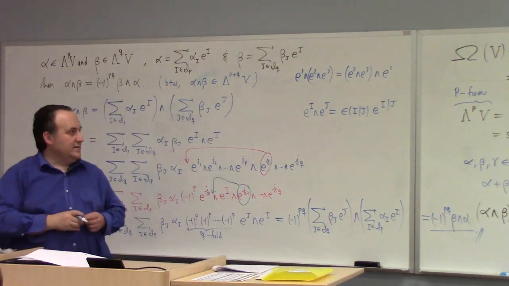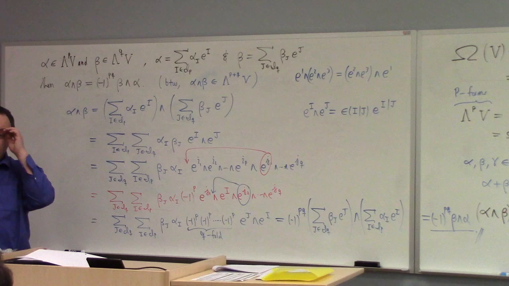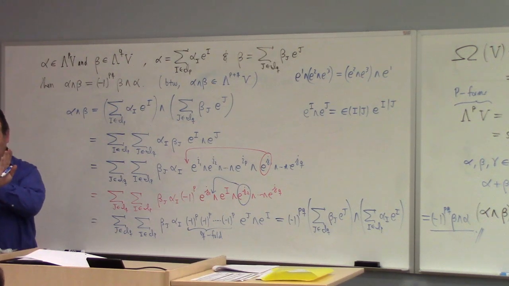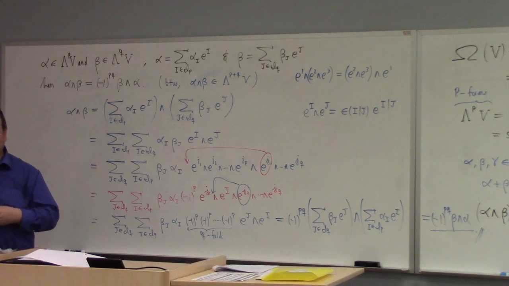What I mean by that is I take the multi-index I and the multi-index J, and I put them in order. So if there's any repeat, that epsilon symbol is 0. And otherwise, it's the necessary plus or minus to put the E^I1 through E^IP and the E^J1 through E^JQ into order.